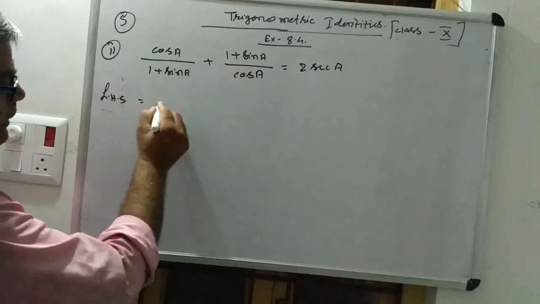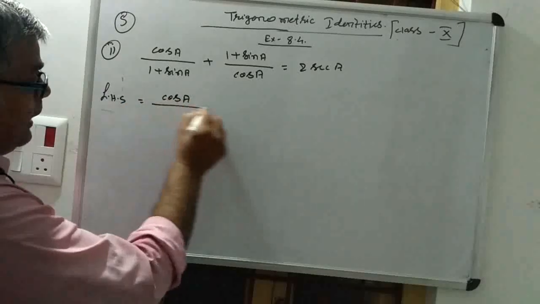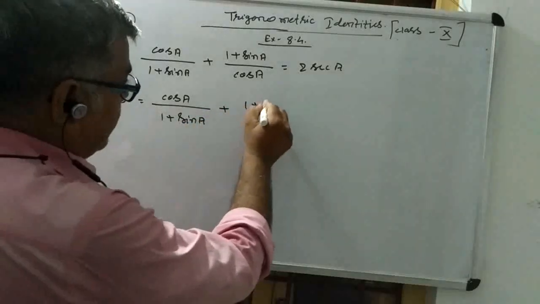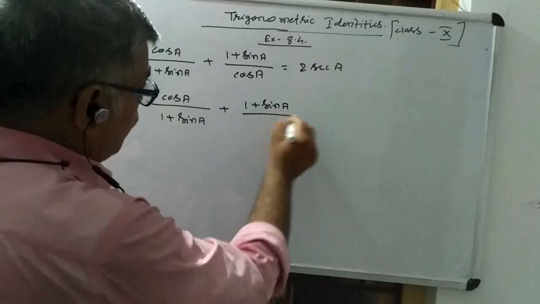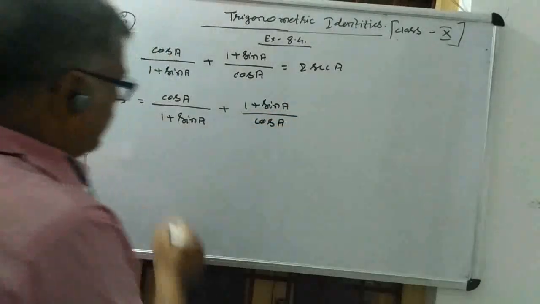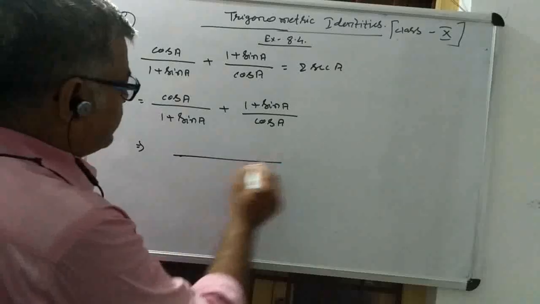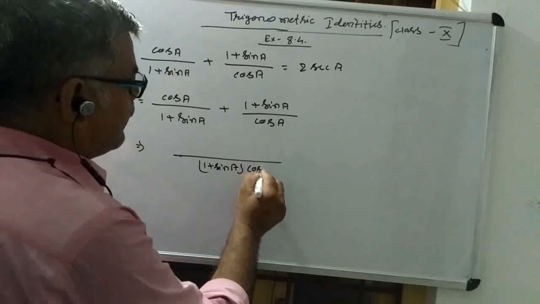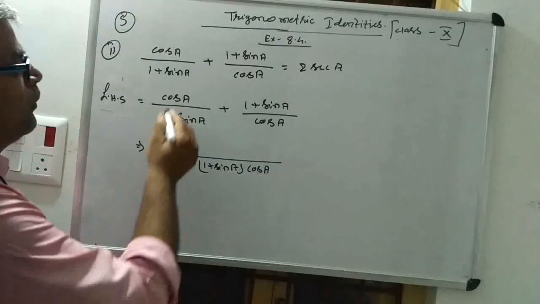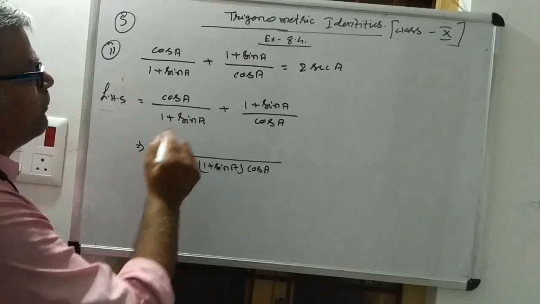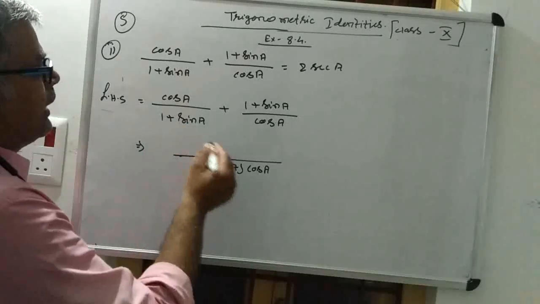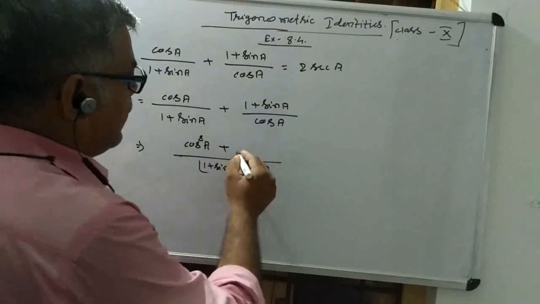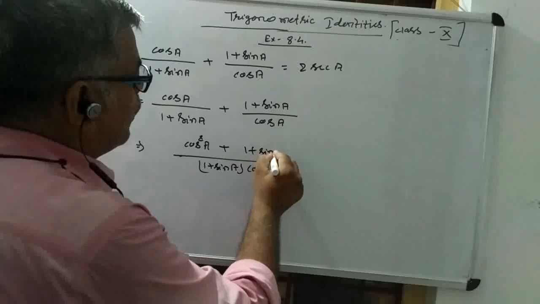Our LHS part is cos A by 1 plus sin A plus 1 plus sin A by cos A. Now take LCM. Your LCM will be 1 plus sin A into cos A. When you divide the LCM by the denominator 1 plus sin A, you will get cos A. So it will become cos square A in the numerator, plus 1 plus sin A whole square.